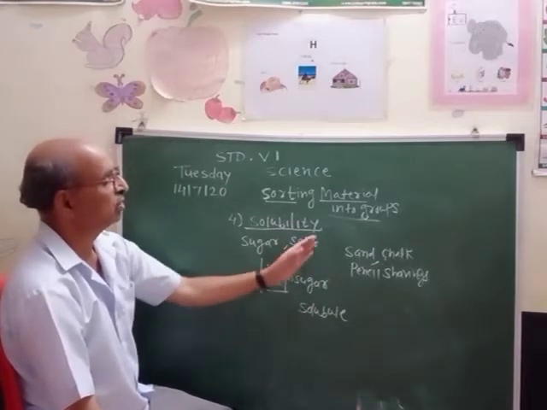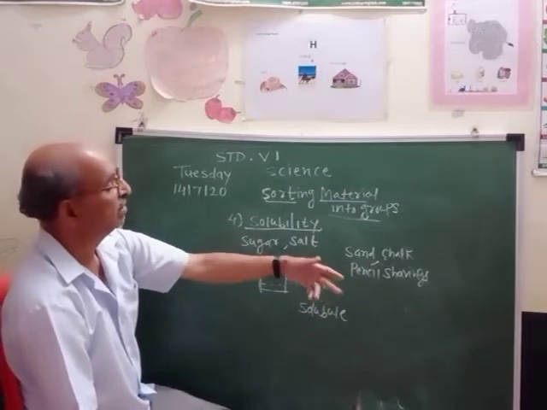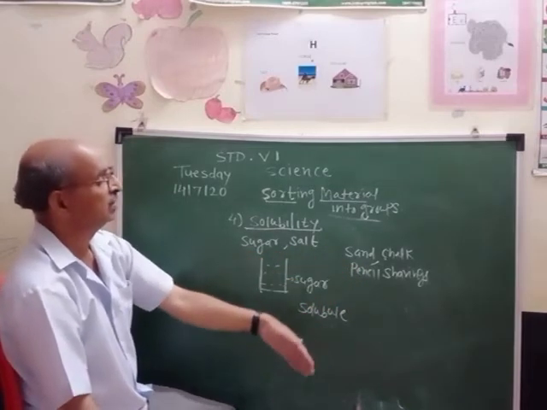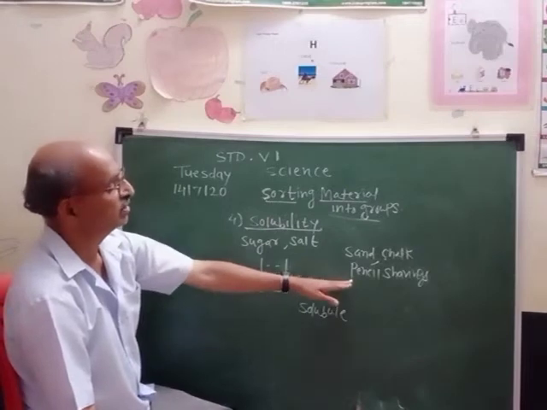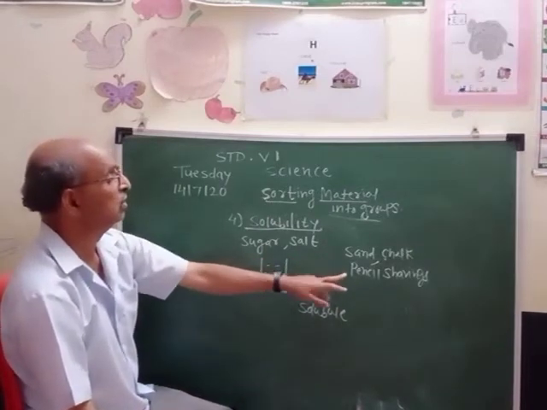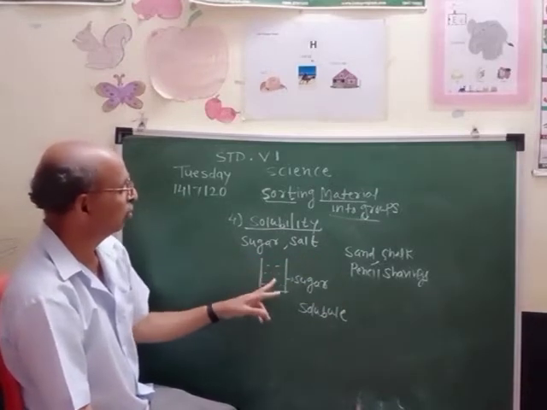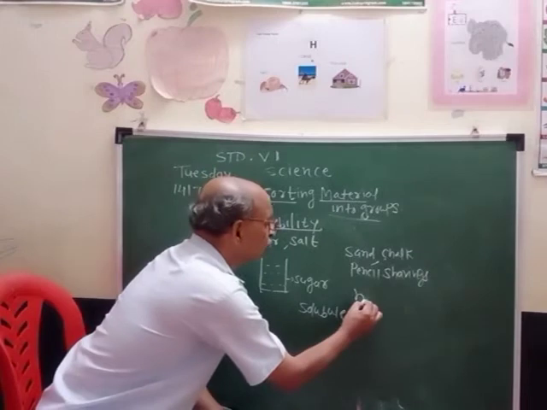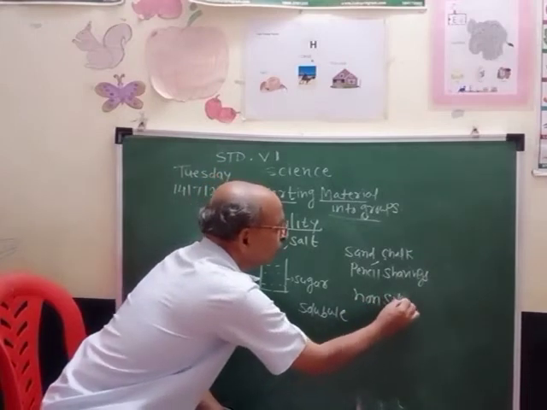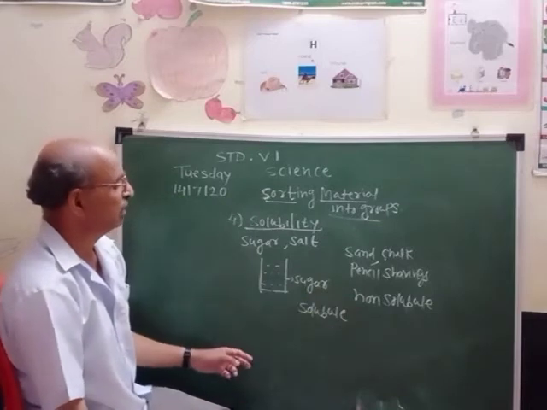All of you know chalk, if we put it into the water, it will not dissolve. The sand will not dissolve, it will go and settle at the bottom, and pencil shaving will float on the water. It means they will not dissolve in the water. So the material which does not dissolve in the water is called non-soluble material.